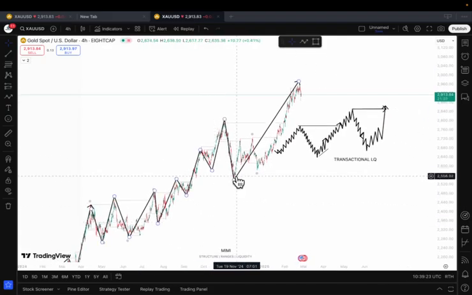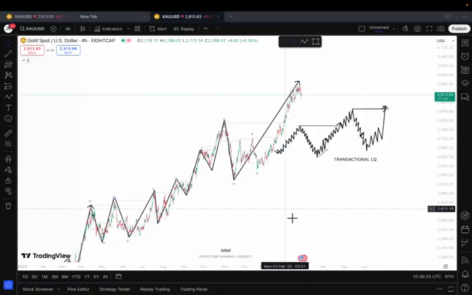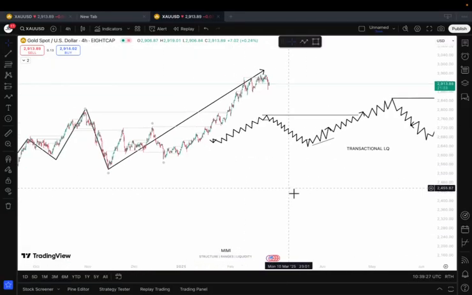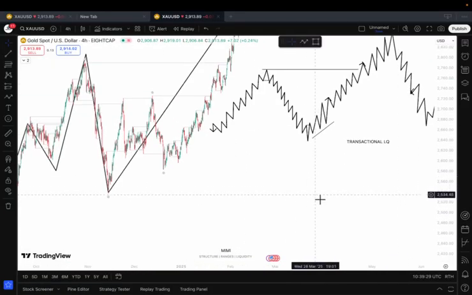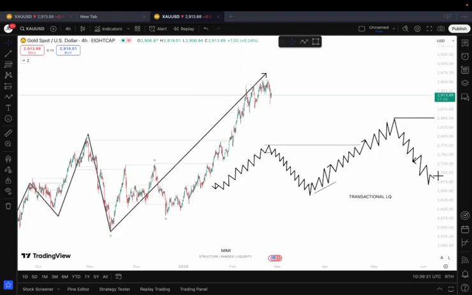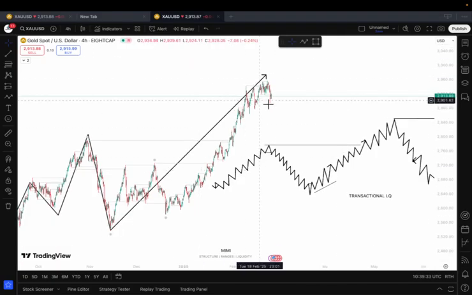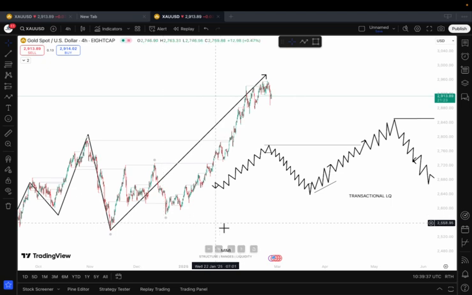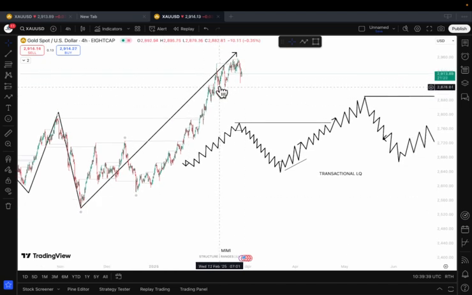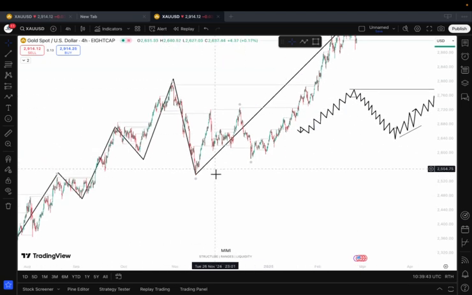So if we have a change of character internally, which is a disruption, price tends to start clearing the other internal liquidity till this range, till this external.